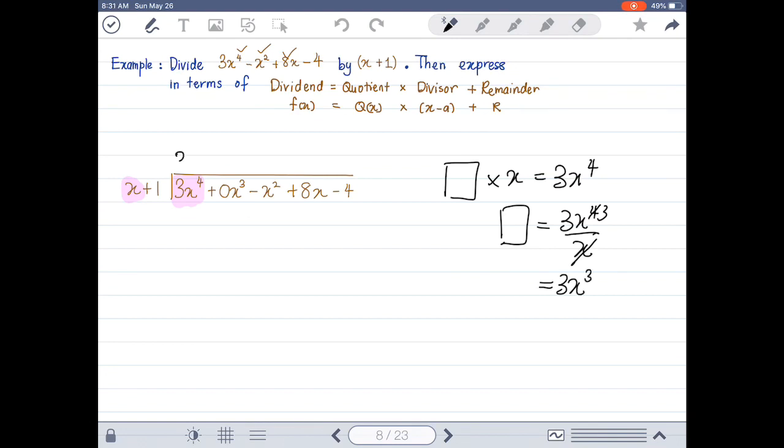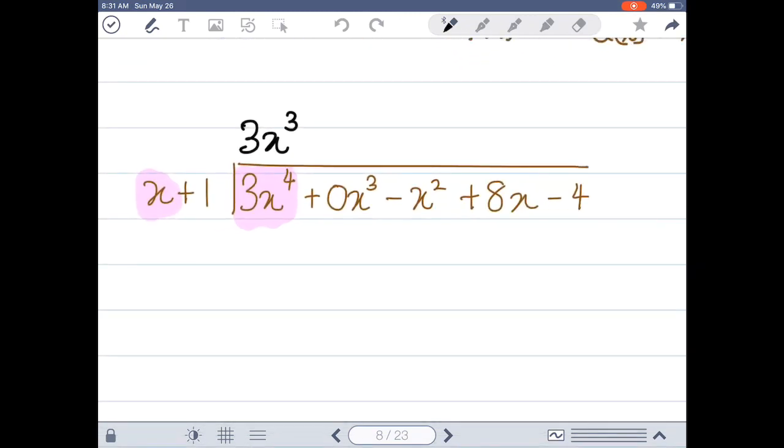So write down here 3x to the power of 3. Next step would be 3x to the power of 3 times x. You should get 3x to the power of 4. 3x to the power of 3 times plus 1, you should get plus 3x to the power of 3.